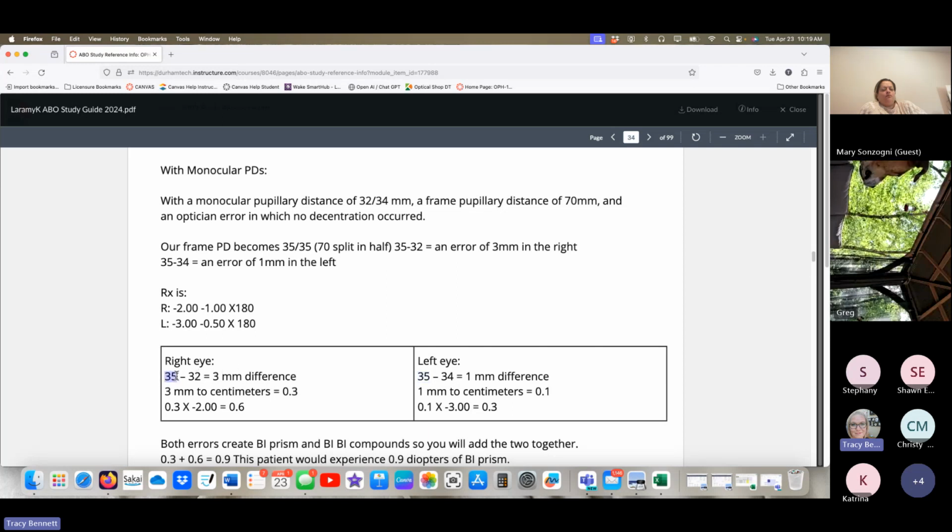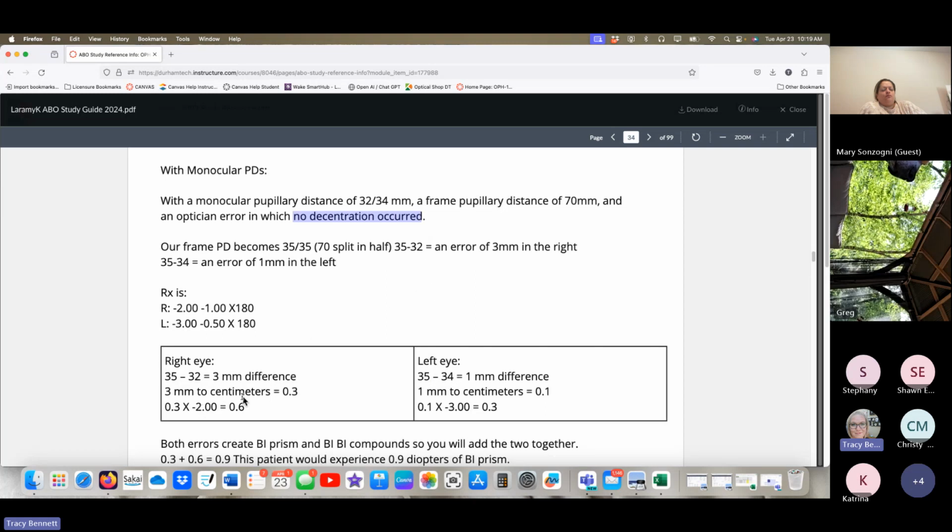So then we take half the frame PD and we subtract the right lens or the right eye PD, and we come up with 3 millimeters that it should have been decentered, because remember it said no decentration occurred. So it should have been decentered 3 millimeters, but no decentration occurred.